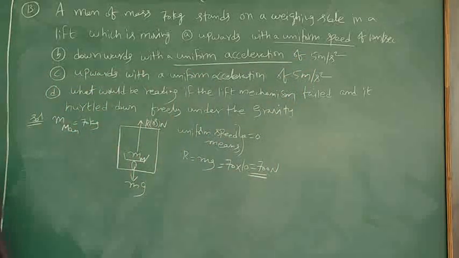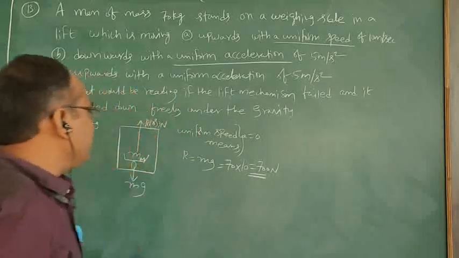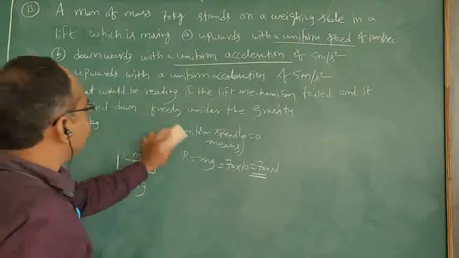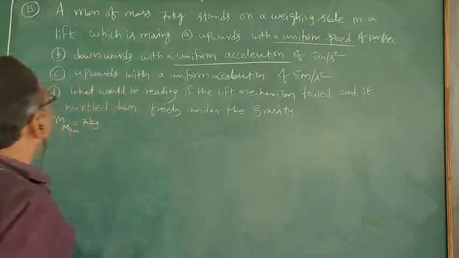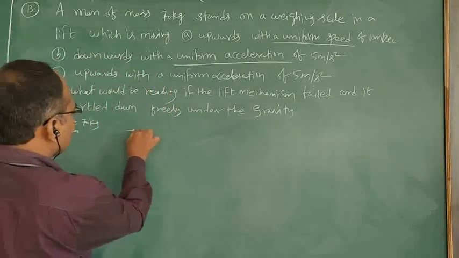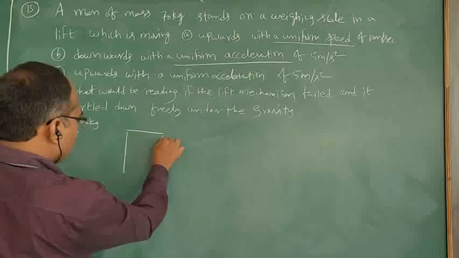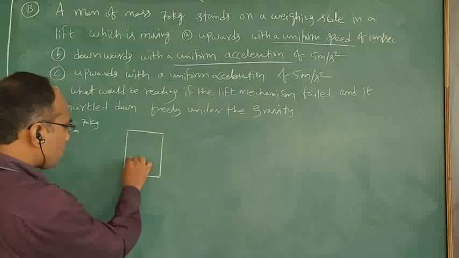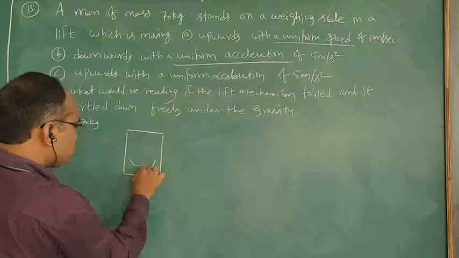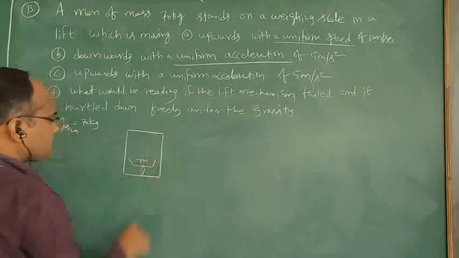So downwards with the uniform acceleration, what is the meaning of this one? See, here downwards, this is a lift, this is the machine, and the mass of the man is here.